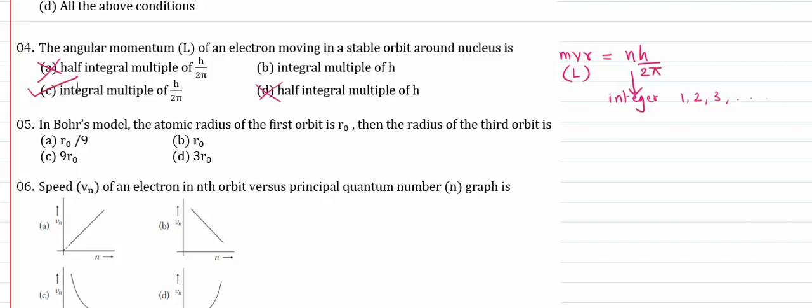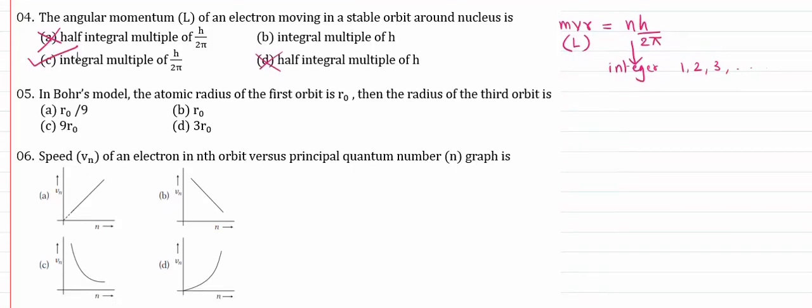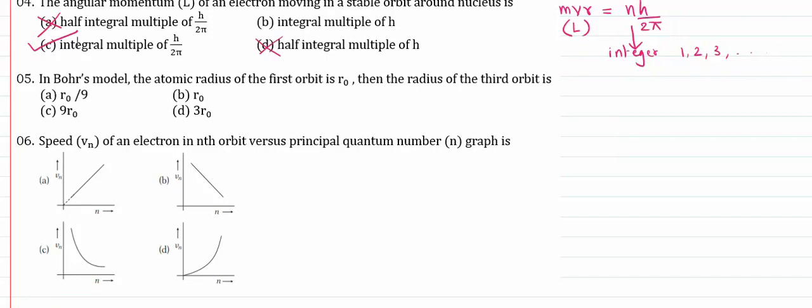Next, fifth one. In Bohr's model, the atomic radius of the first orbit is R0. Then he has asked the radius of the third orbit. So students, you remember this formula. It will be helpful even for competitive exams.